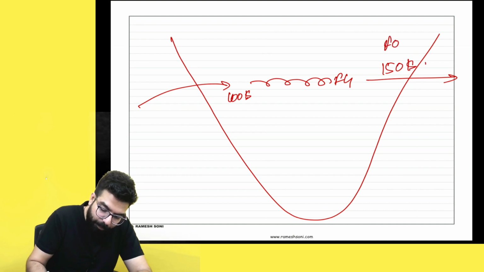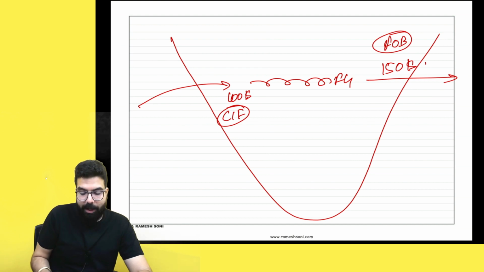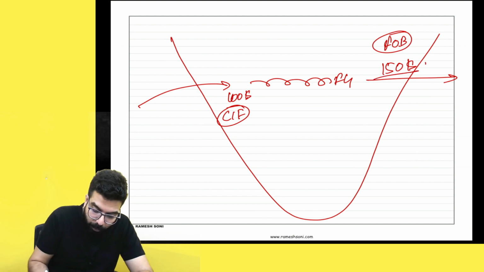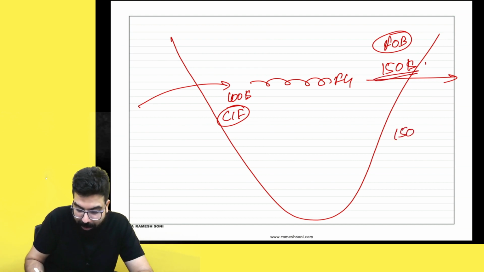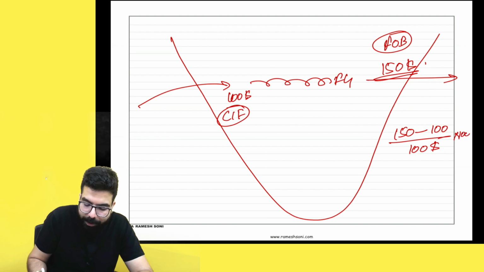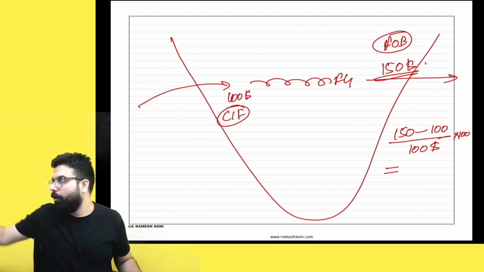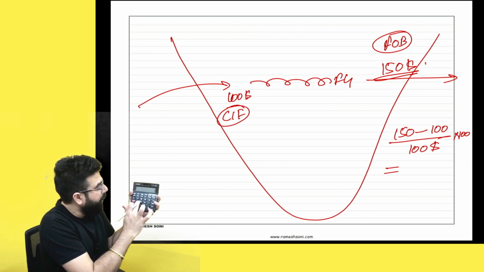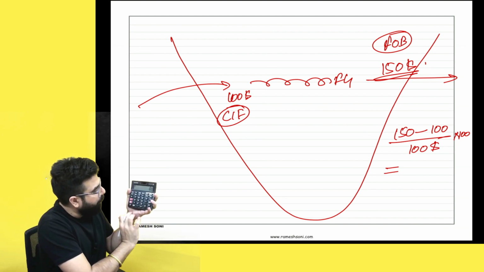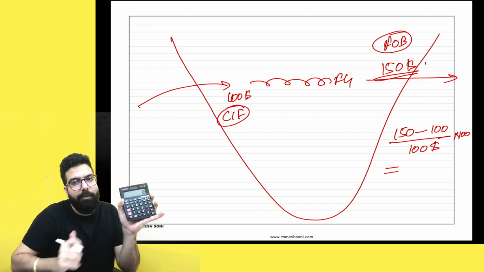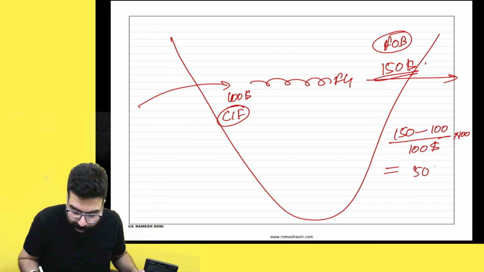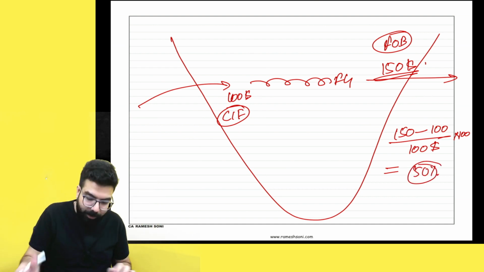The CIF value of import is 100, the FOB is 150. So 150 minus 100, divided by 100, into 100, gives you the value addition. $150 minus $100 you had spent, divided by $100, gives you 50%. So 50% is the value addition. You have complied with the requirement.